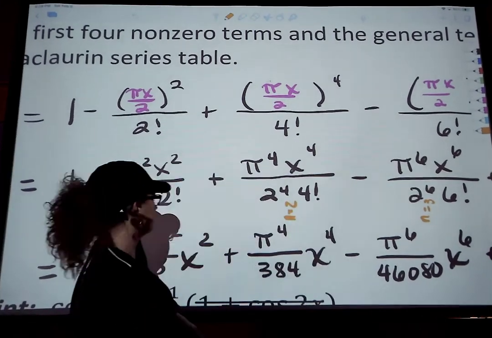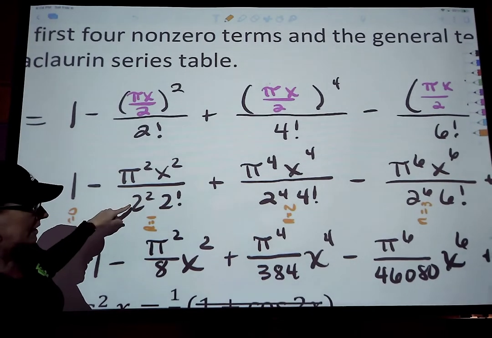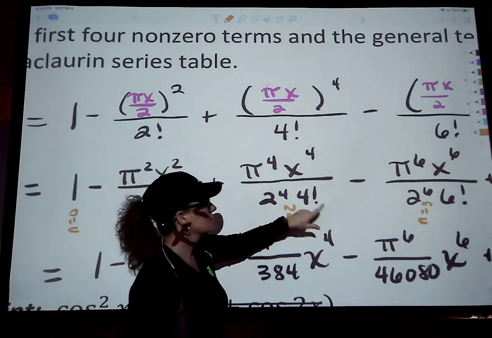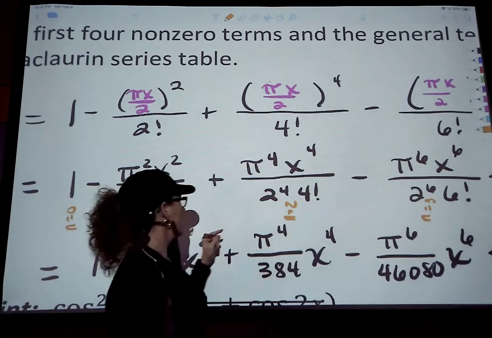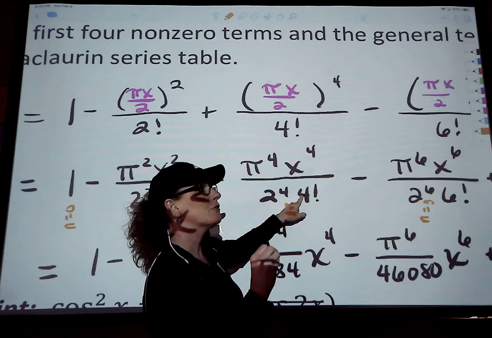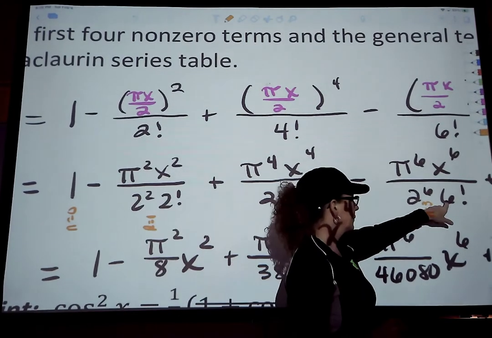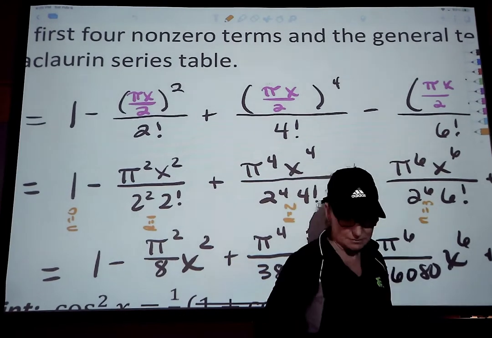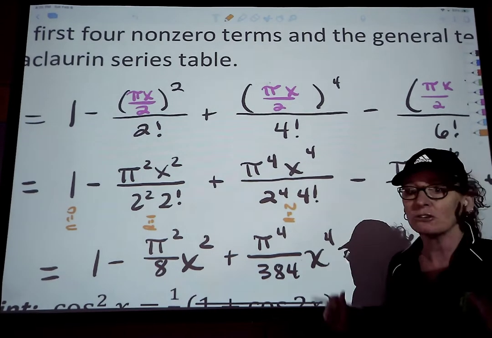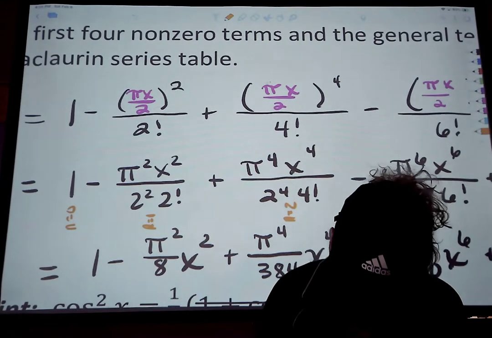I like it. And then 2 to the 2n, I like it. And then what is being factorialed is 2n. And it alternates. Whew, holy moly.